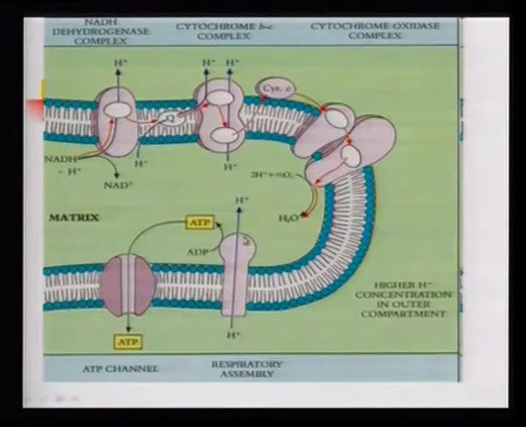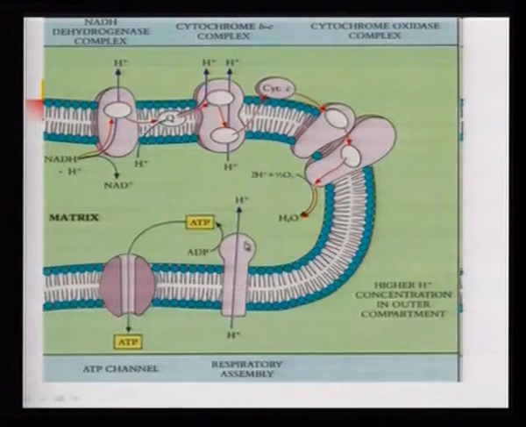This F1 particle, if you can observe, we have a high concentration of protons in the outer chamber. When enough proton gradient is created, they will try and move down their concentration gradient and they look for a passage, and our F1 particle provides that passage.